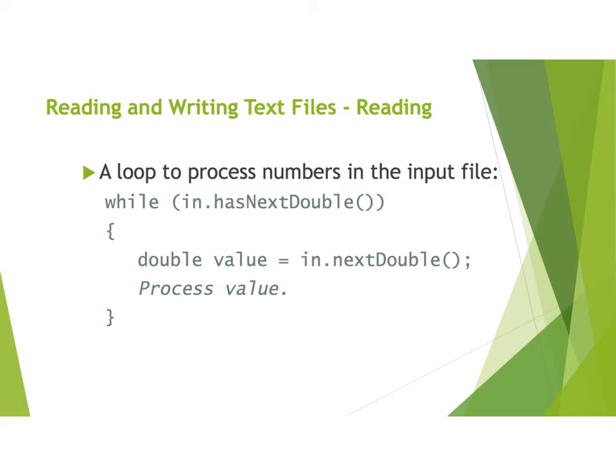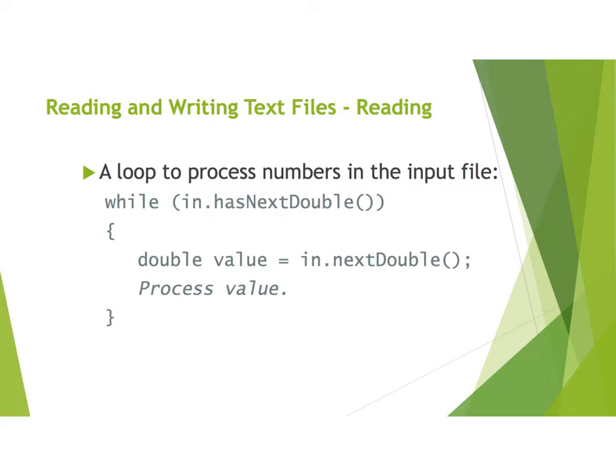Here is how we do it. While in.hasNextDouble, then do this block. The block contains two Java statements. The first one is an assignment. You create a variable of type double, value, and you set it equal to in.nextDouble.